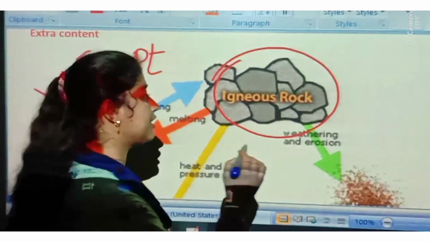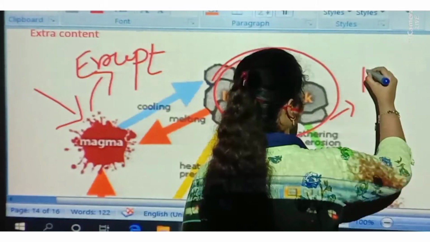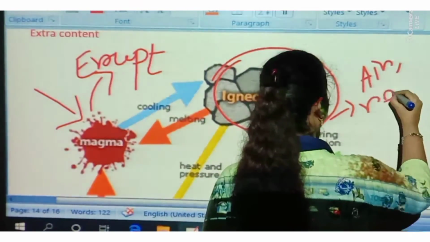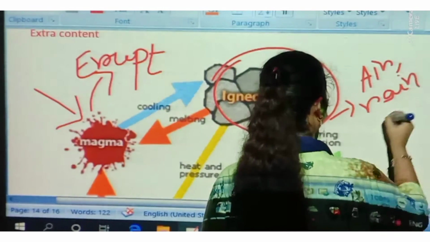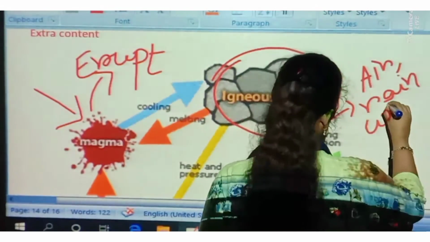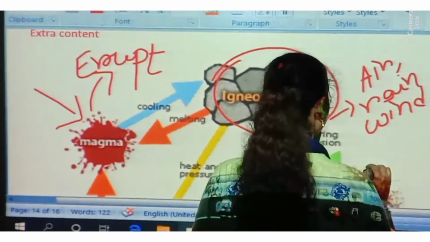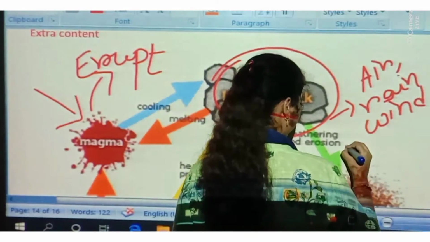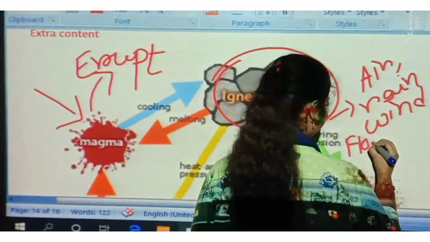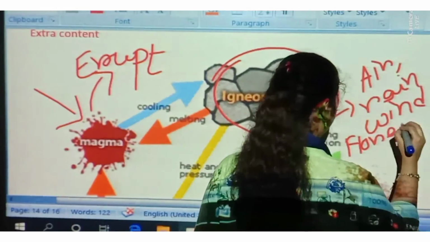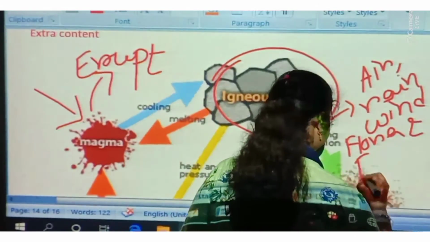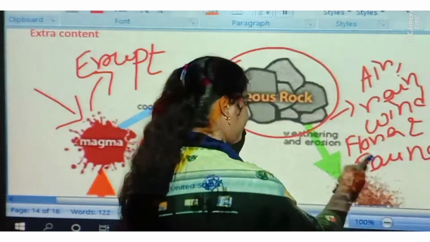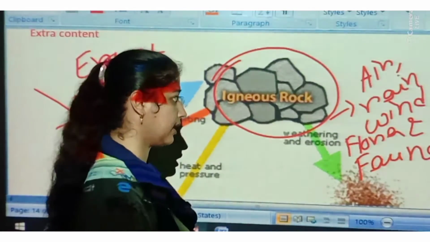After that, weather agents like air, rain, windstorm, and also plants and animals, flora and fauna, basically do the weathering.